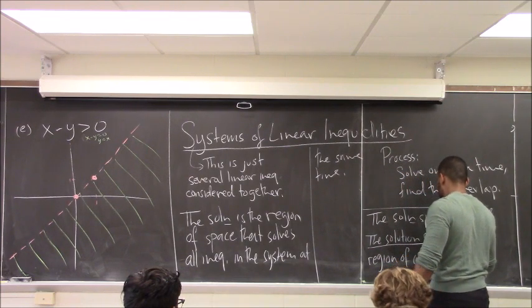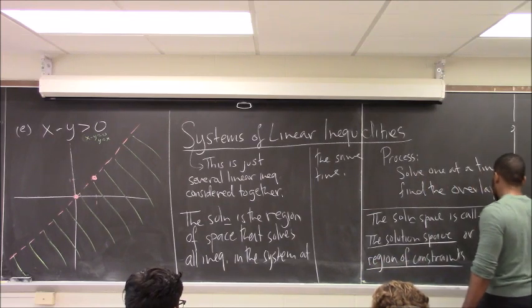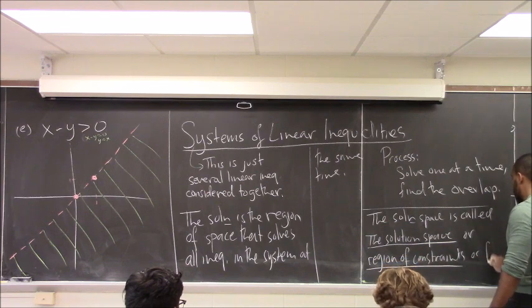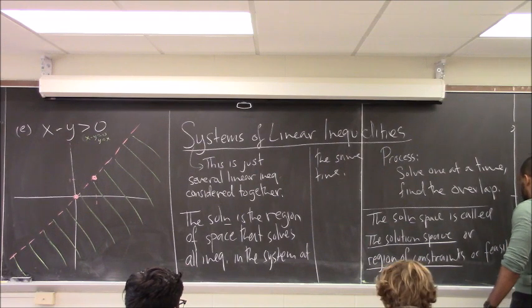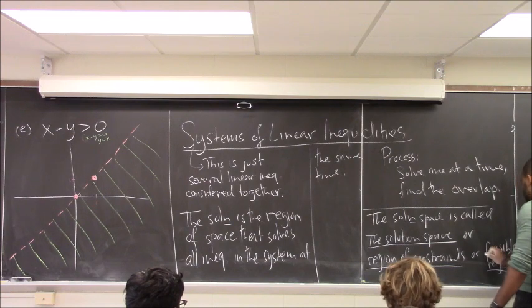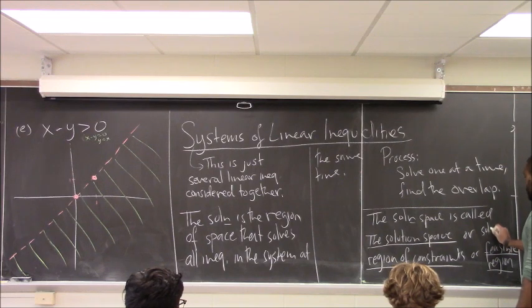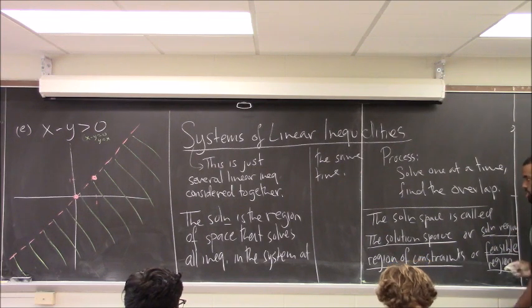That's more like a linear programming idea, but we'll get to that. Or sometimes it's called the feasible region. Kind of depends on context when we use it. So we might say the solution region, or the region of constraints, or the feasible region. These are all referring to the same thing.